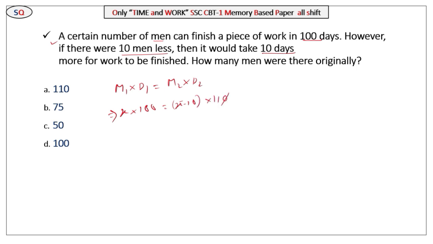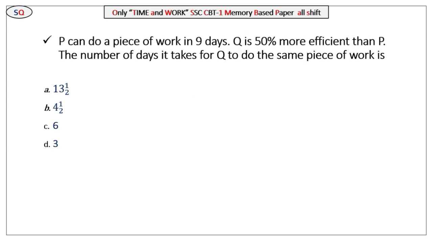So 0 0 cancel. So X into 10 equals 11X minus 110. So X equals how much? 110. So the answer is A. Next question.